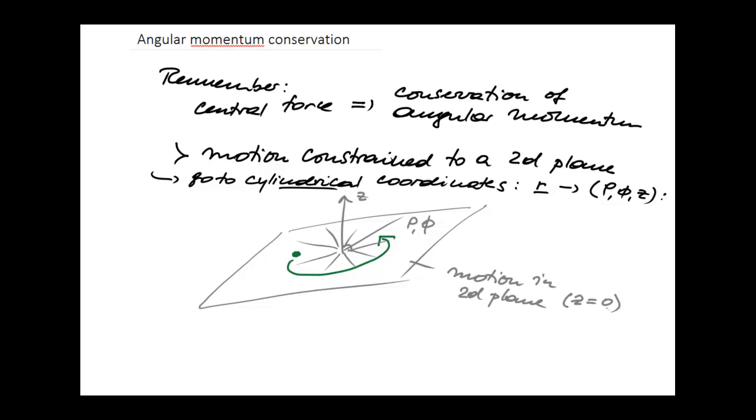Now when we do that, we go from the relative position little r to cylindrical coordinates. Then we have to again express the Lagrange function in terms of these new coordinates, in terms of the cylindrical coordinates. The transformation law between Cartesian and cylindrical coordinates is x is given by rho times cosine phi, y equals rho times sine phi, and z equals z. This is the transformation law.